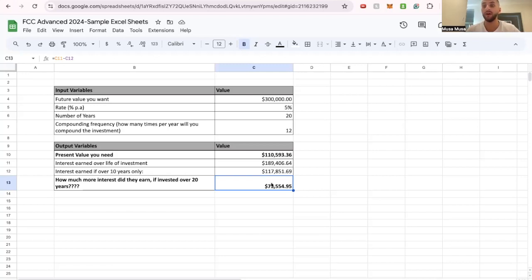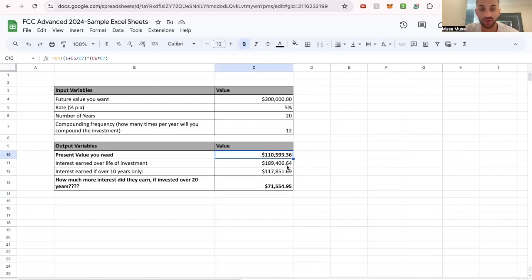Because if I invest, for example, $110,593, that's going to gain so much interest over the next 20 years, and then it'll make it worth 300 grand. Whereas if I only had 10 years of compounding, then to get 300 grand I actually need more money, because I'm going to get less compounding. So I get less interest.